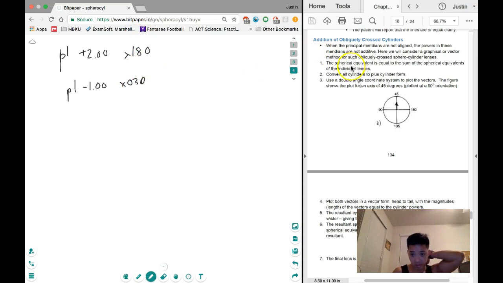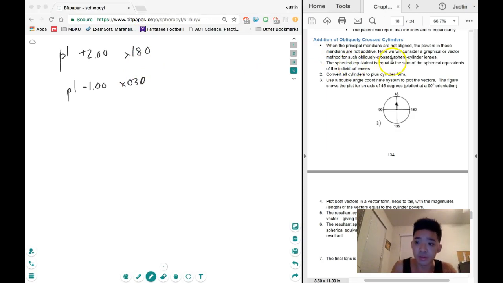So the first step is to find the spherical equivalent.